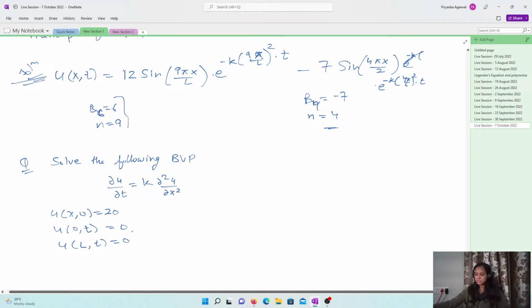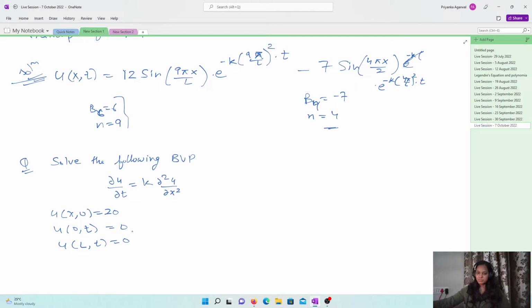So these are the conditions which we have.